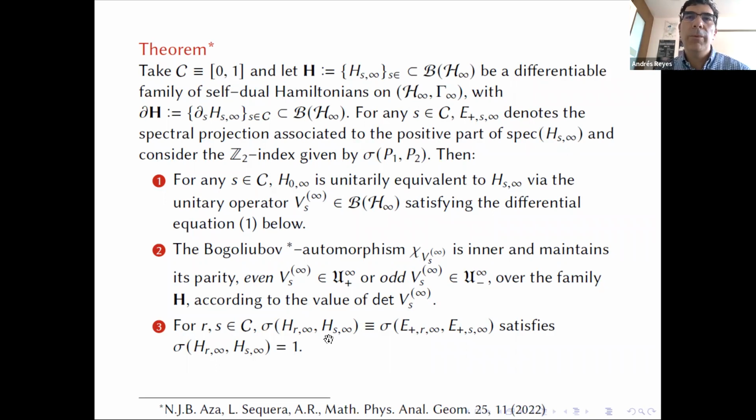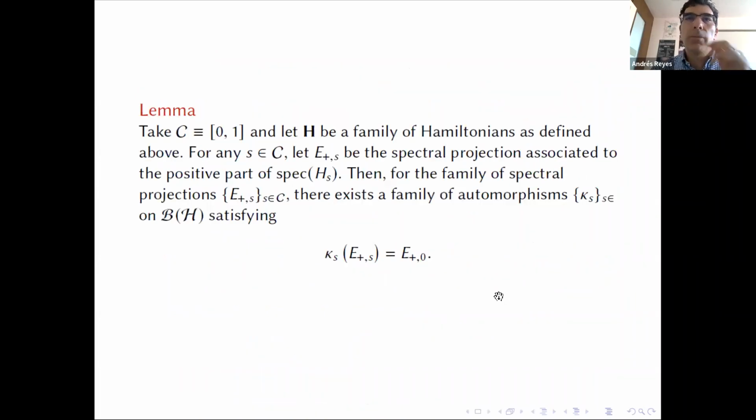And if we compute the corresponding relative index, so the index corresponding to projections at two different points, it will have to be 1, meaning that we remain in the same phase of matter according to our definition. So the proof, I will just sketch.